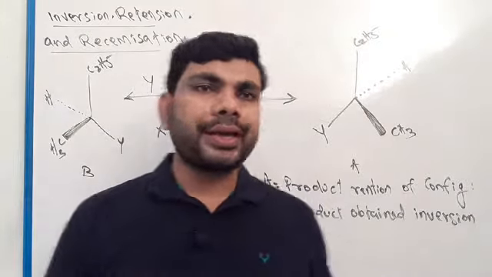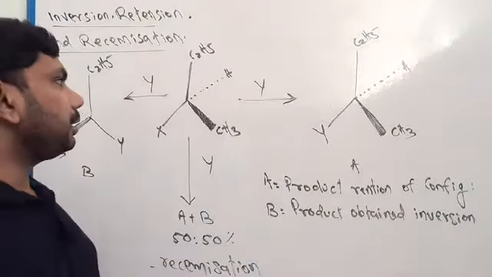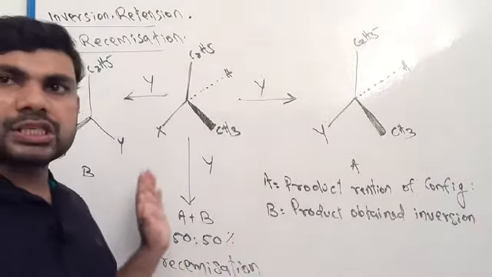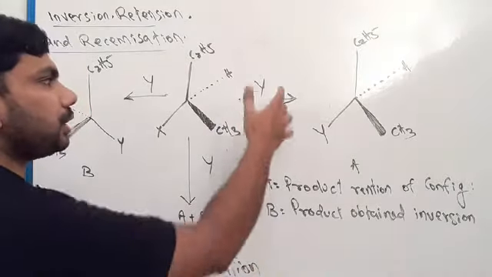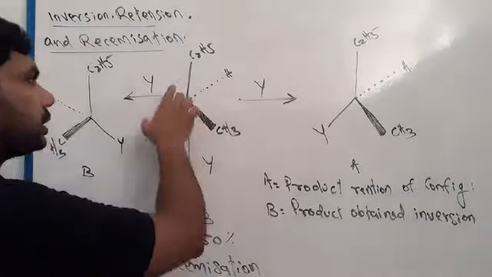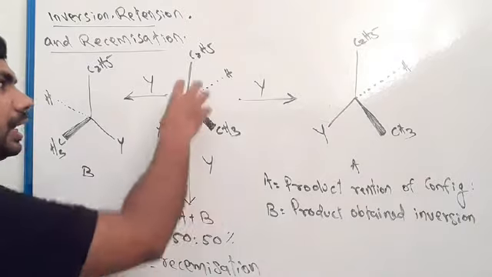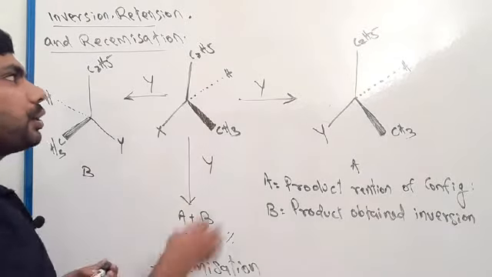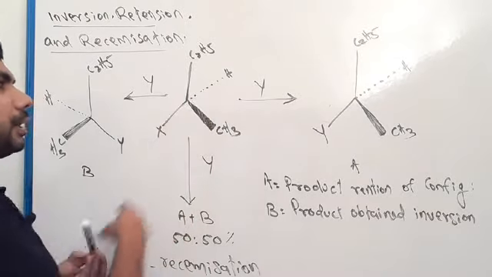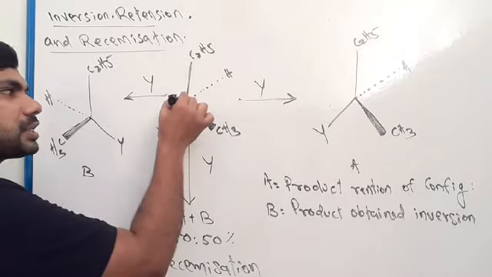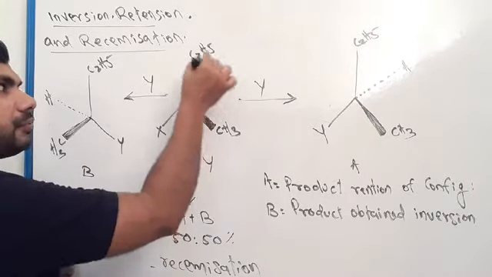So here is one example for retention. Look here, this is showing three different chemical reactions. This is one chemical reaction, this is the second, and this is the third. Imagine this is one compound. Here this is the chiral carbon with different groups.